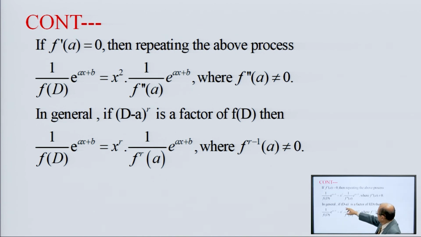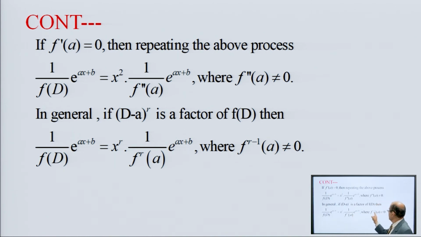In general, if (D minus a) raised power r is a factor of f(D), then 1 by f(D) e^(ax+b) is equal to, since it is rth order, we multiply x raised power r and differentiate the denominator r times and replace D by a.